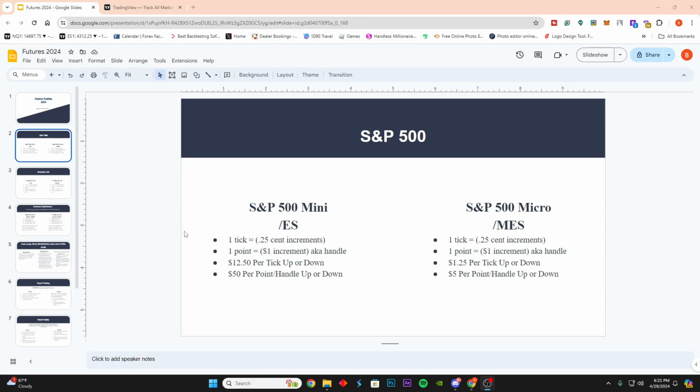I'm just going over the index futures, as these are the easiest to get set up in trading, as well as the simplest to understand how the markets work, as these are two of the most liquid markets.